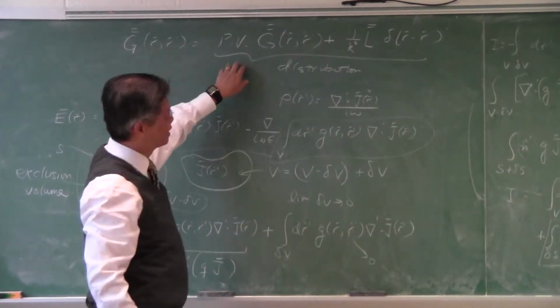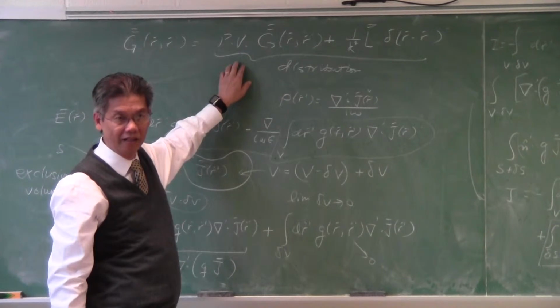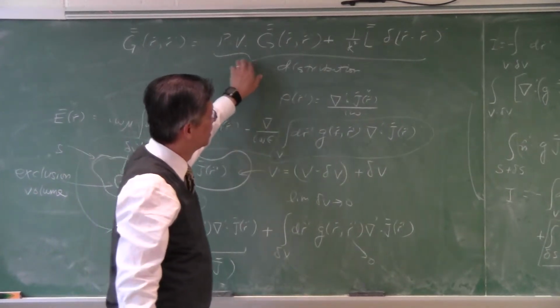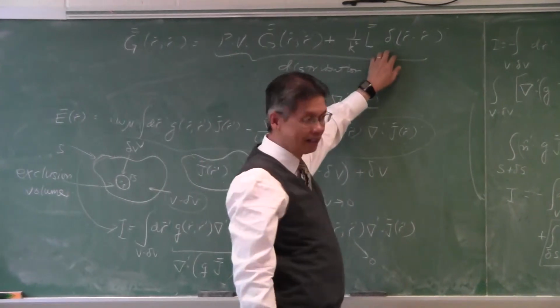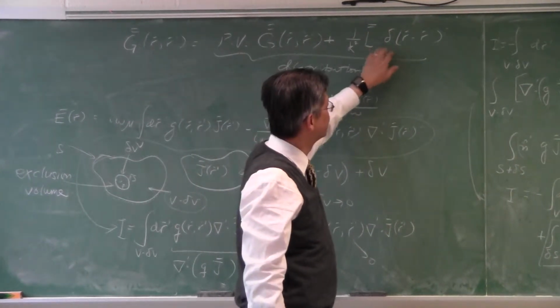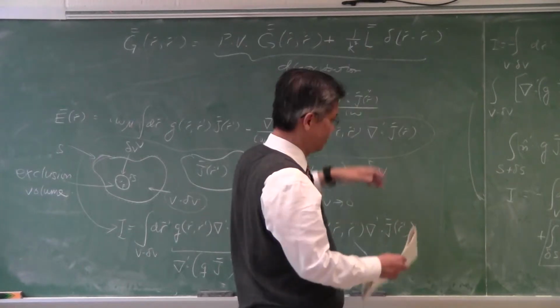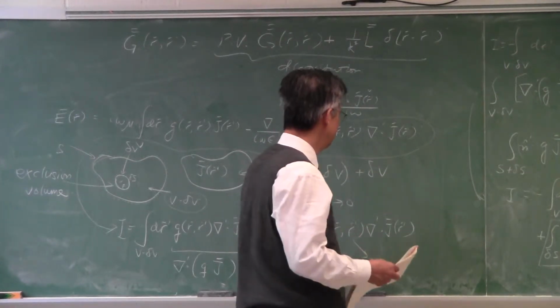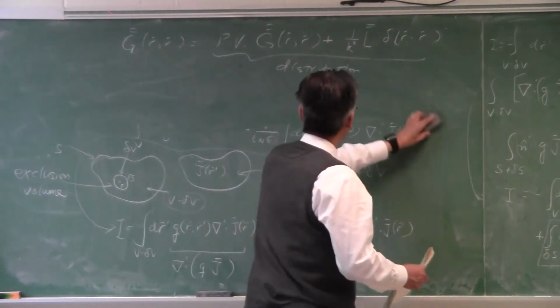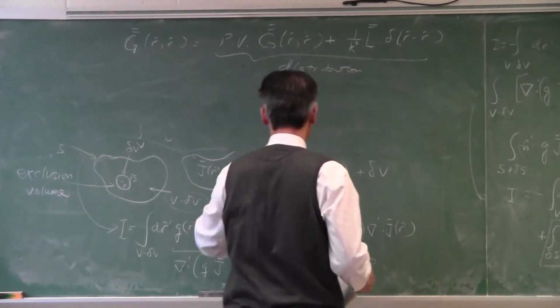The first has no meaning unless it acts on the current, and you have to define how you should perform this PV. And the second also has no meaning unless it acts on the current, and you have to define what L is. L is dependent on the shape of the cavity, and in the textbook, I list out different kinds of L.